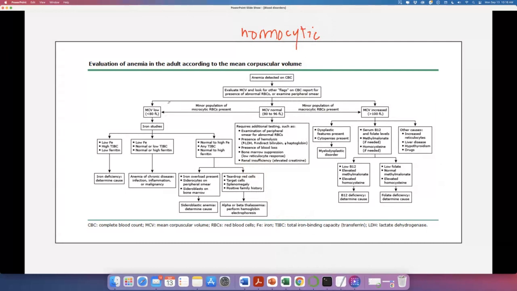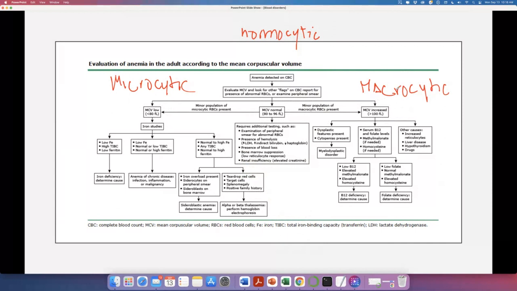Then we have low MCV, that is microcytic, and large MCV, more than 100, and that is going to be macrocytic. One important concept here is to remember that macrocytic simply talks about the size of the red blood cells.